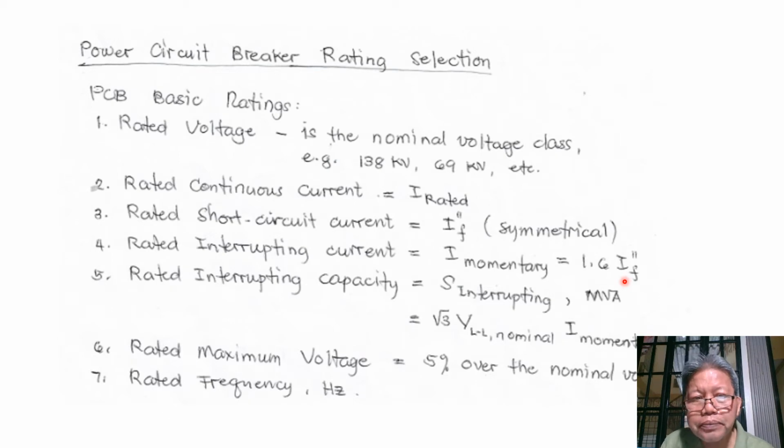And then the next important rating which we specify to our circuit breaker is its rated interrupting capacity.